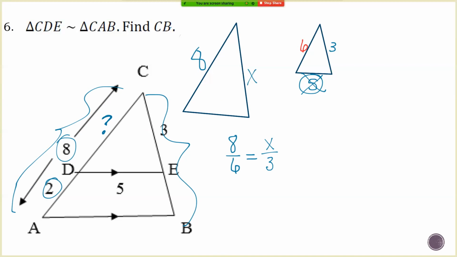Then we're going to cross multiply this way. So 6 times x is 6x. 8 times 3 is 24. Divide by 6 to get your answer.